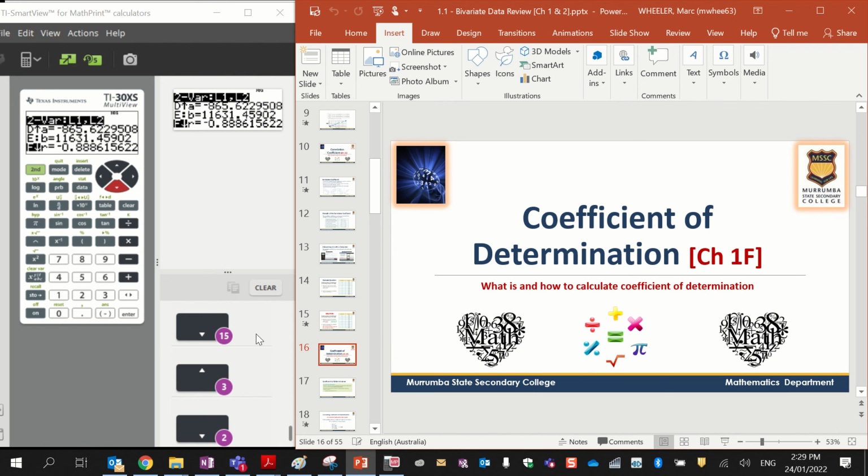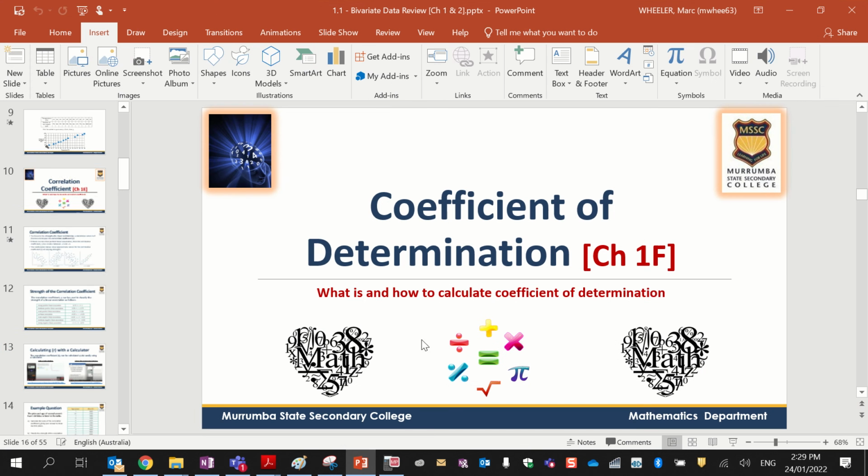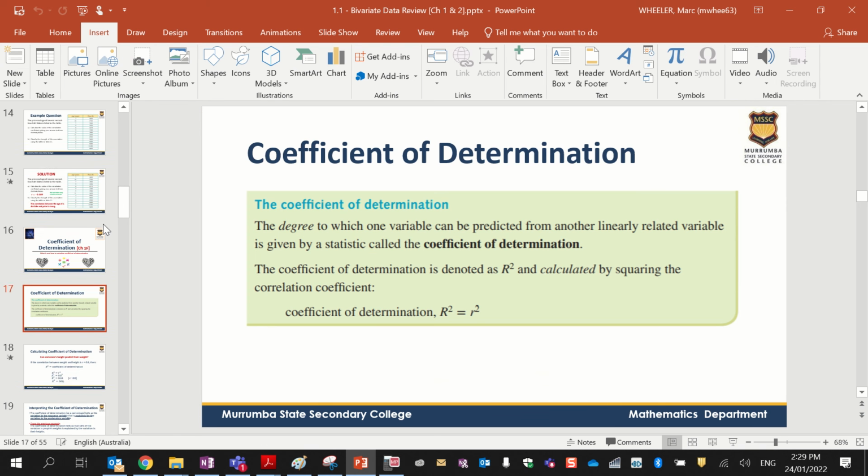Okay. So I'll make this big again. So coefficient of determination. So this is pretty easy once you've got the correlation coefficient. So coefficient of determination is the degree to which one variable can be predicted from another linearly related variable. And it's called the coefficient of determination. And it's just R squared.